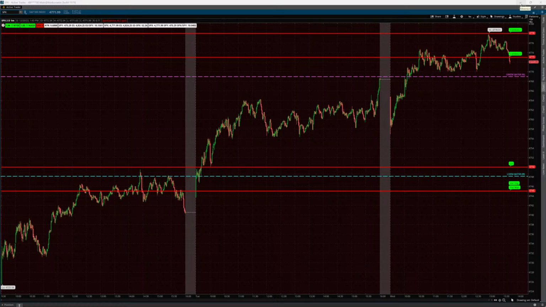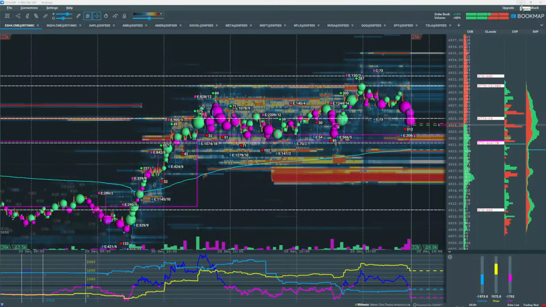All right, let's go to Bookmap now. In Bookmap, I have my own cloud notes, so I can show SPX levels. There's that 4778 level that acted as resistance. I'm also showing SPY levels on this chart, and here's the SPY 475 call wall and absolute gamma strike.